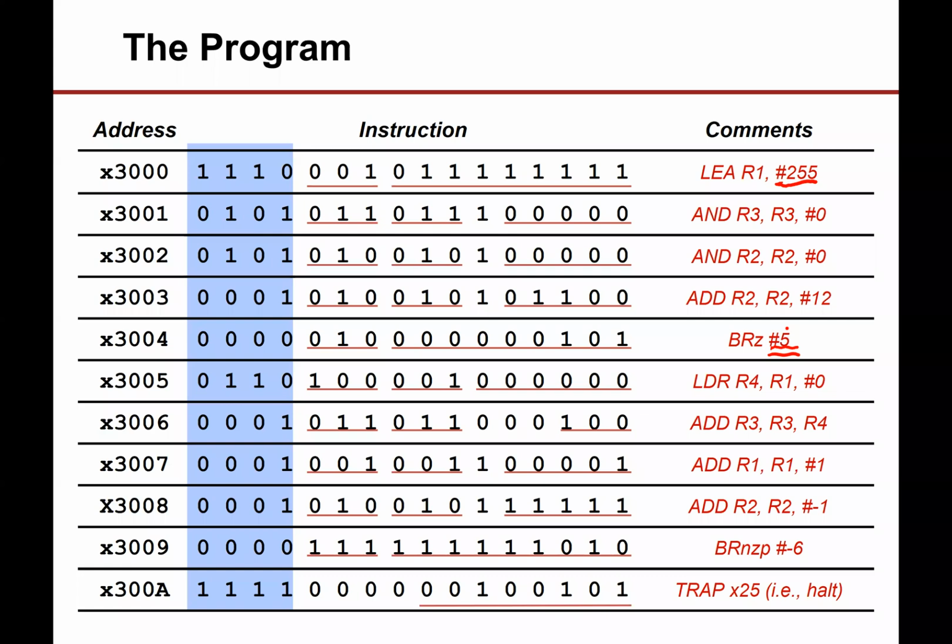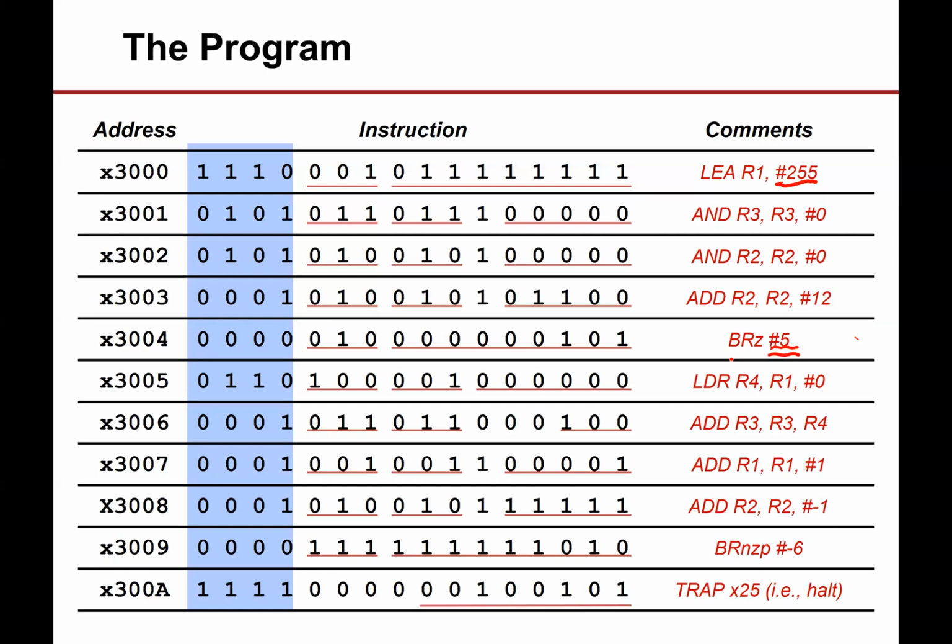So for this one, it unconditionally goes back here to check. That is the minus 6, right? Because it needs to go back here to check whether R2 is equal to zero or not.